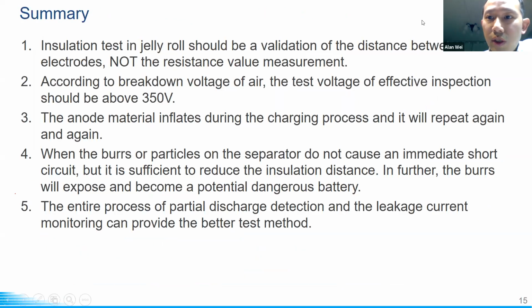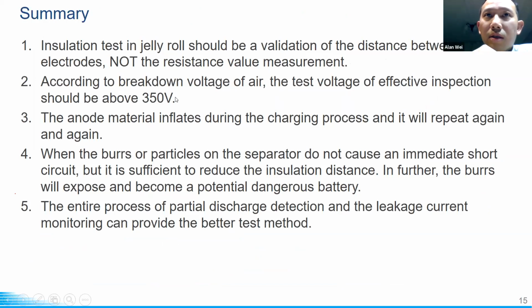So we do a quick summary here. The first thing is that insulation testing in a jelly roll should be a validation of the distance, not the resistance value. That's very important. According to the breakdown voltage of air, the test voltage for effective inspection should be above 350 volt.